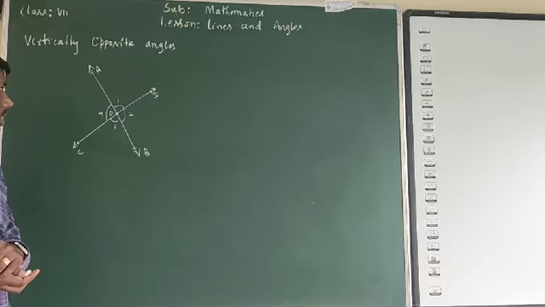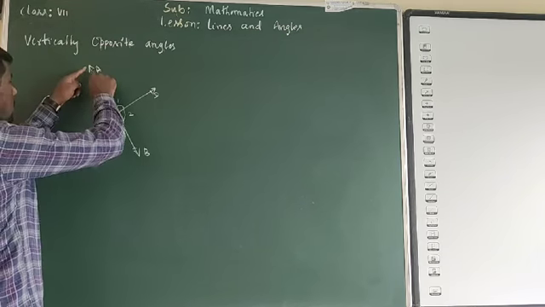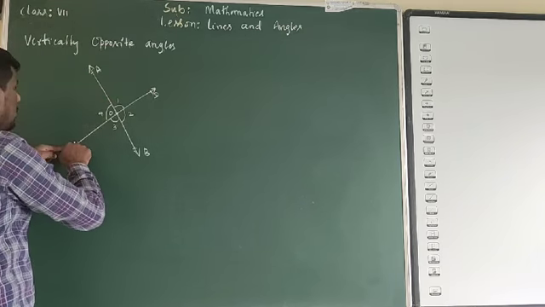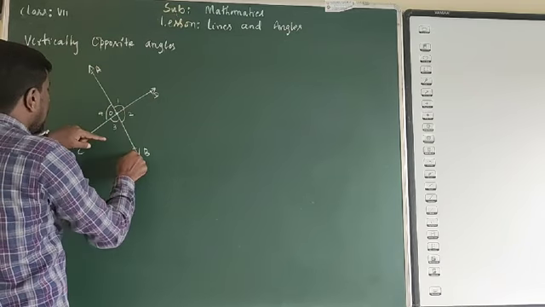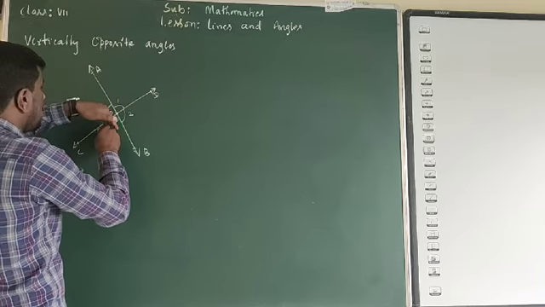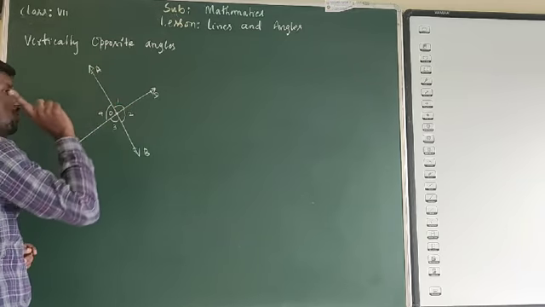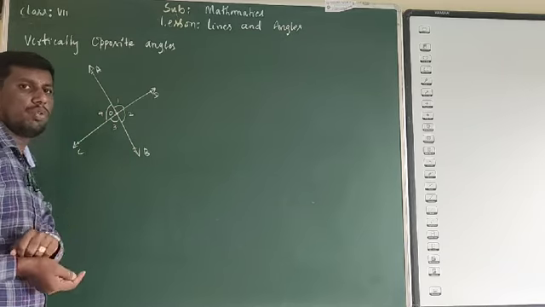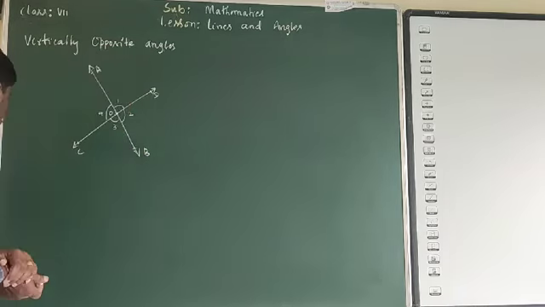Out of those four angles, the opposite angles AOC and BOD, angle 4 and angle 2, are the opposite angles. In fact, these are vertically opposite angles. And then AOD and BOC, angle 1 and angle 3, are vertically opposite angles. So this is one pair of vertically opposite angles, and this is another pair.